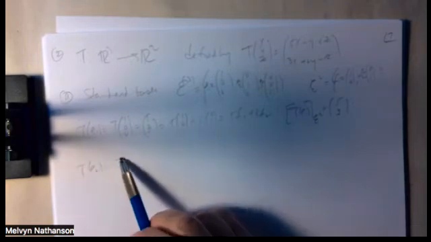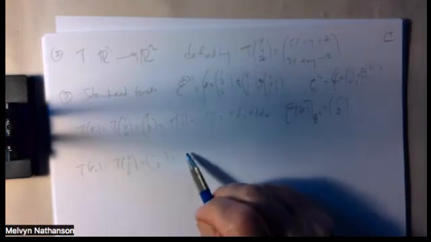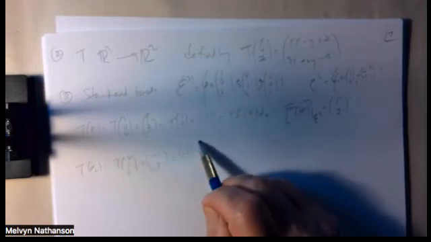T of E2 is T of the vector 0, 1, 0. When x and z are 0 and y is 1, you get minus 1, 2, which is exactly minus 1 times F1 plus 2 F2. So T of E2 with respect to the standard basis is minus 1, 2.